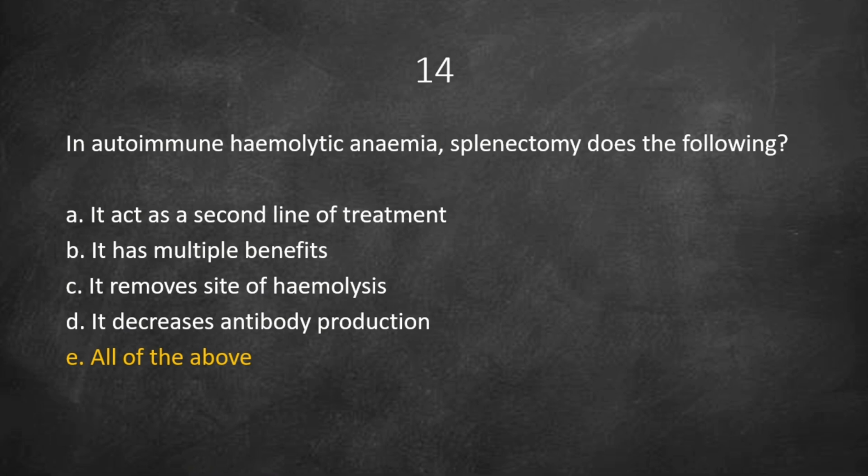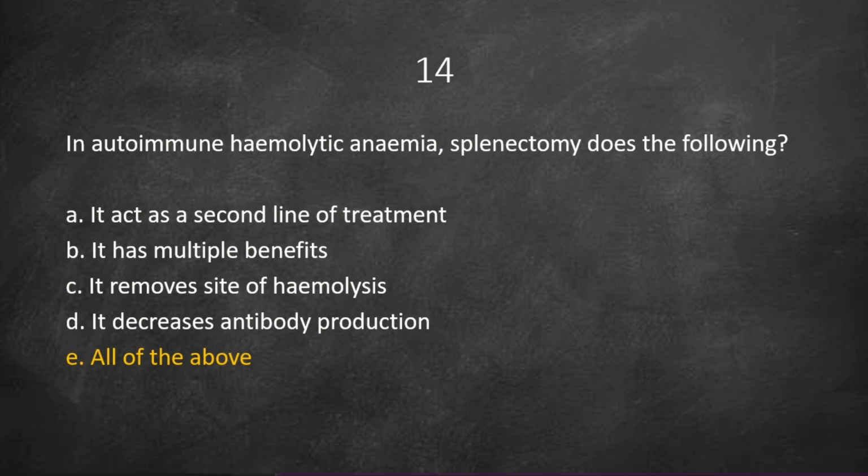So the spleen is a major organ involved in the phagocytosis of the antibody-coated red blood cells. So when you remove it, you remove that site where the hemolysis is happening. So that really helps. Then D, it decreases antibody production.